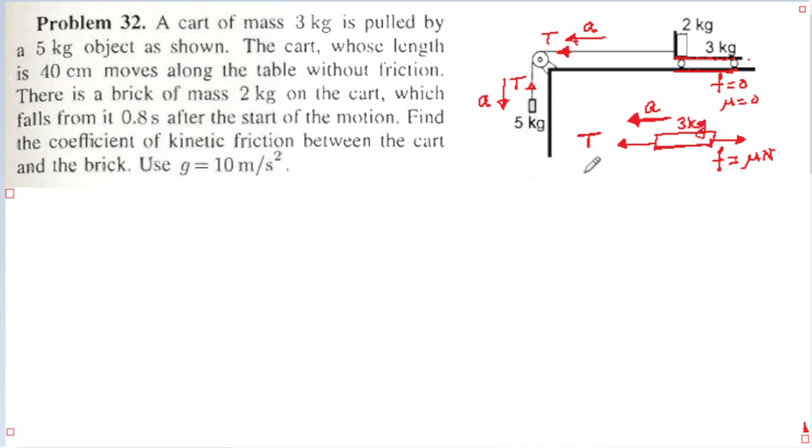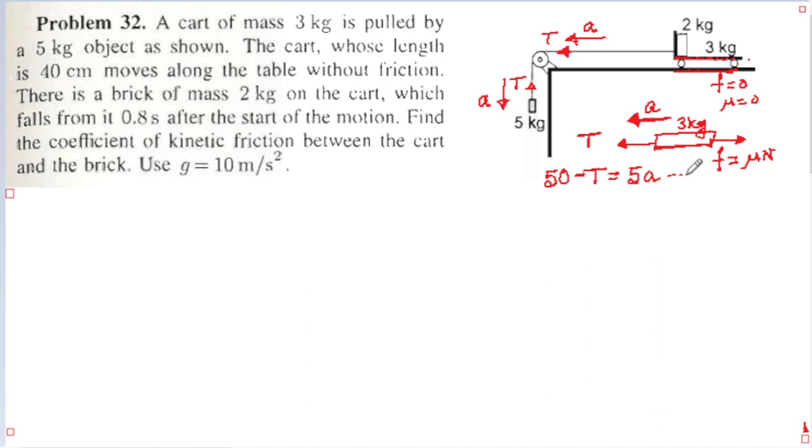So if we take the equation of the block first, then for this block the equation will be its weight, which is 5 kg times 10, equal to 50 newton, minus tension T, equal to its mass into acceleration. Its mass is equal to 5 kg, mass of the block is 5 kg, and its acceleration is equal to a.